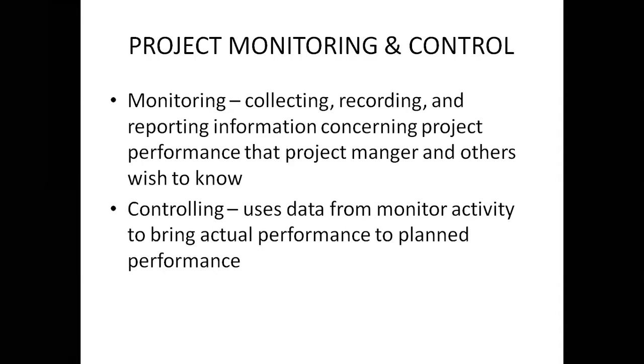The inputs are the project plan and progress reports that contain data collected from the project team. So when progress deviates significantly, and this usually means outside of a predetermined tolerance limit, it is important to identify the underlying causes and take corrective action. So that is about the project monitoring control process.